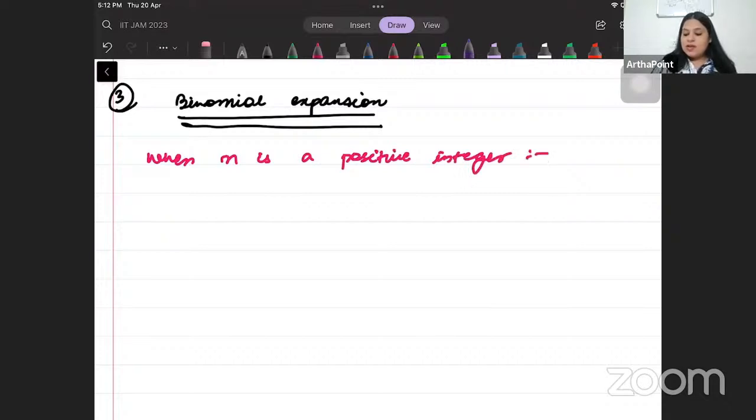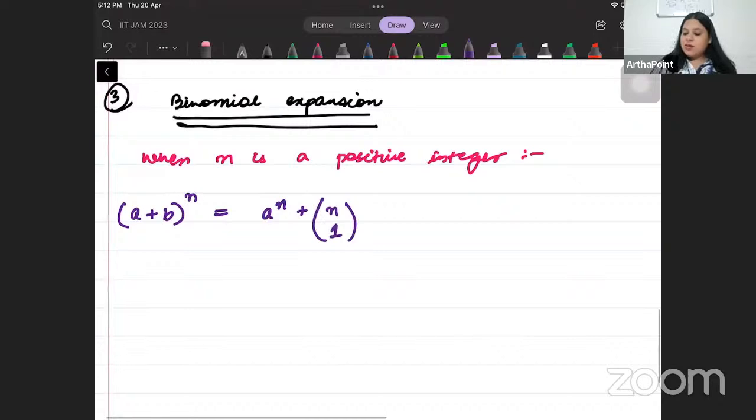You can say (a plus b) to the power n can be written as a to the power n plus nC1, that is a factorial expression, a to the power n minus 1 into b, plus nC2 a to the power n minus 2 into b square, plus so on.